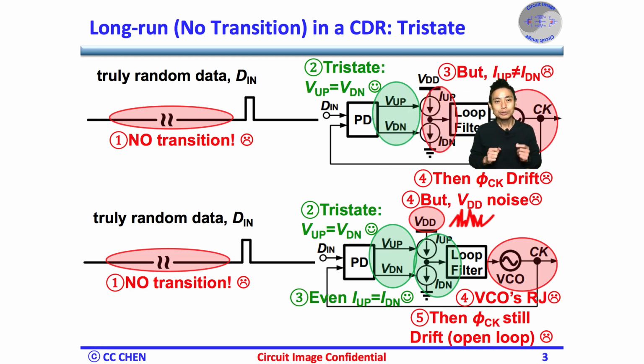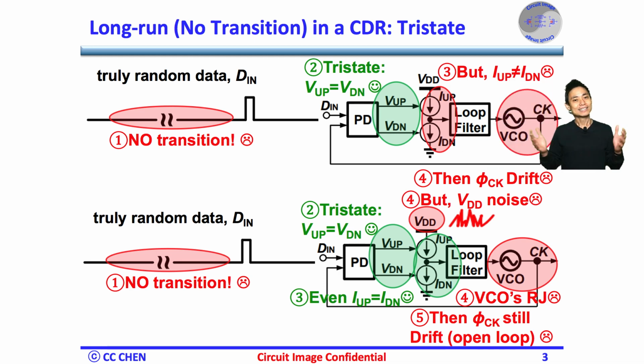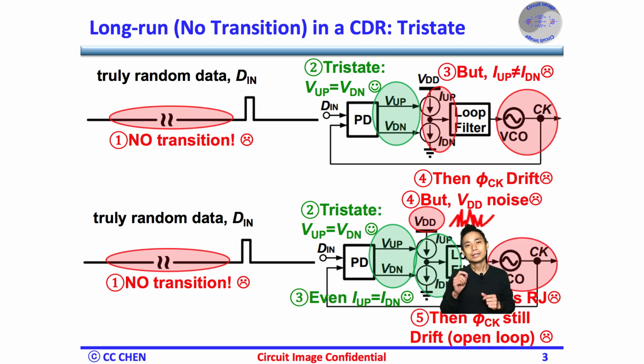Unfortunately, the charge pump of the CDR would have current mismatch, such that the VCO phase or frequency will still drift earlier or later during the open loop state, even if up equals down. Furthermore, even if we could have a perfect charge pump without any mismatch, the power supply is not perfect and has supply noise or ripple.